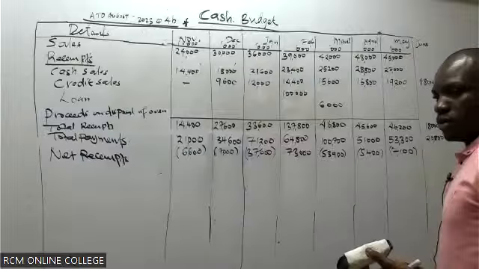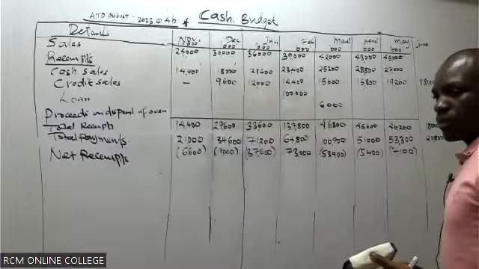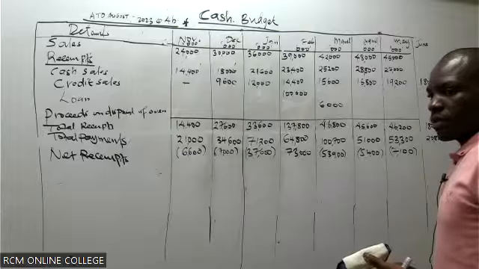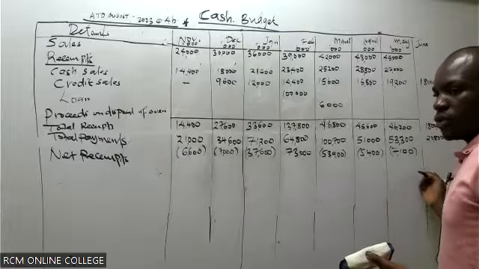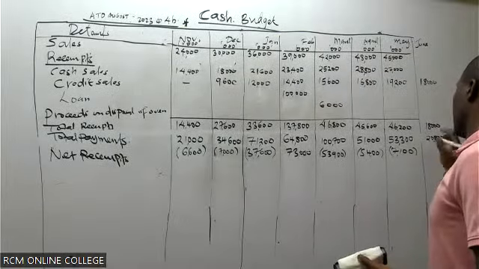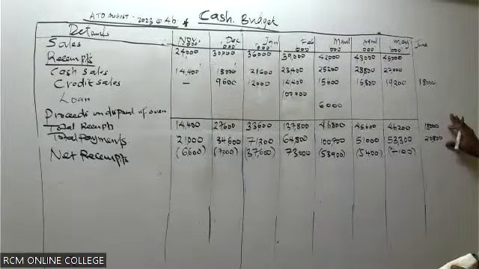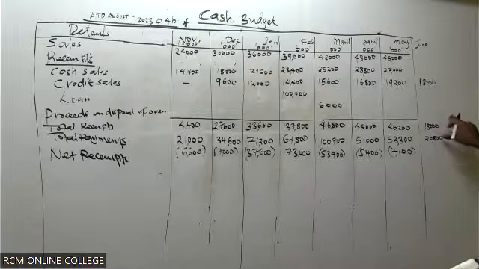June mtu anapata ngapi? June tunakuwa na ngapi? 7,100. June 20,800 minus 18,000 minus 2,800.